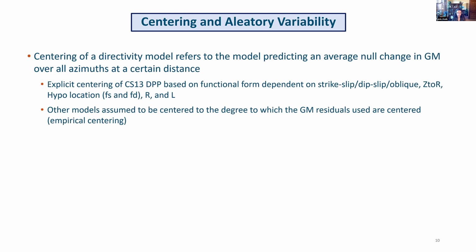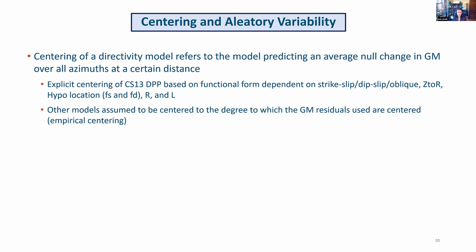For the models we've evaluated, the Chiou and Youngs 2013 model is the only model that had what we call explicit centering, which means that we actually calculate the average DPP in a rake track, and then we calculate the change in that delta DPP at an individual site.